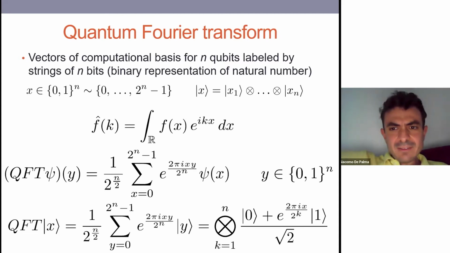Because switching the kth digit of y, since we are counting digits from the left, changes the number by 2 to the k. And then if you change such a digit of y, you can check that this is the shift in the phase that you get.